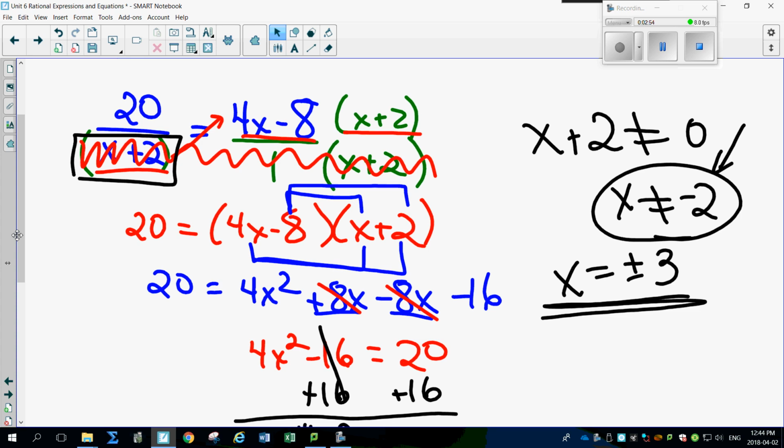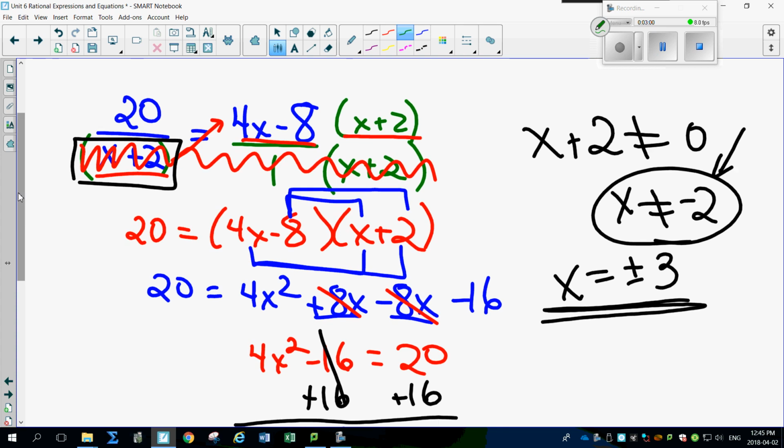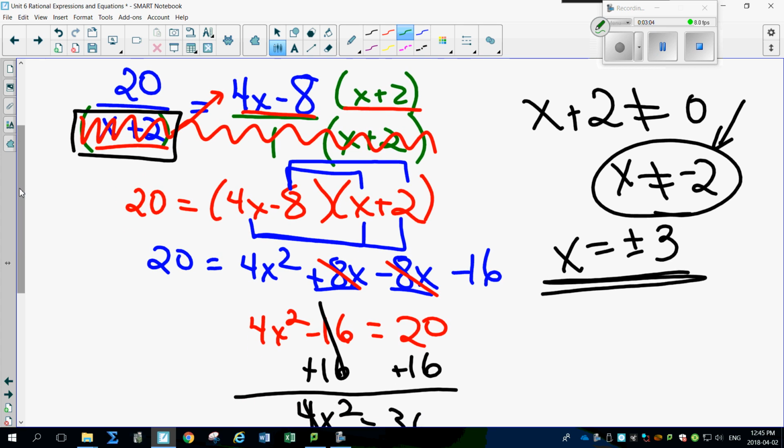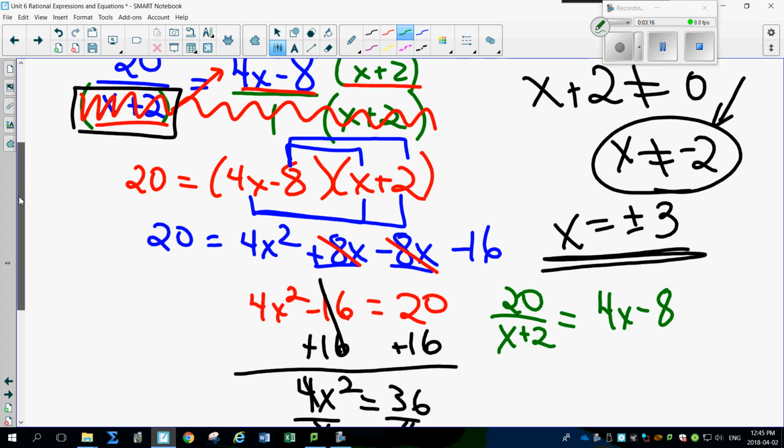Easy peasy. Now, check to make sure that this actually gives you the right answer. So let's do it. Here we go. The original question was: the quotient of 20 and a number increased by 2 has to be equal to 8 less than 4 times a number. So let's see if our plus or minus 3 actually works.